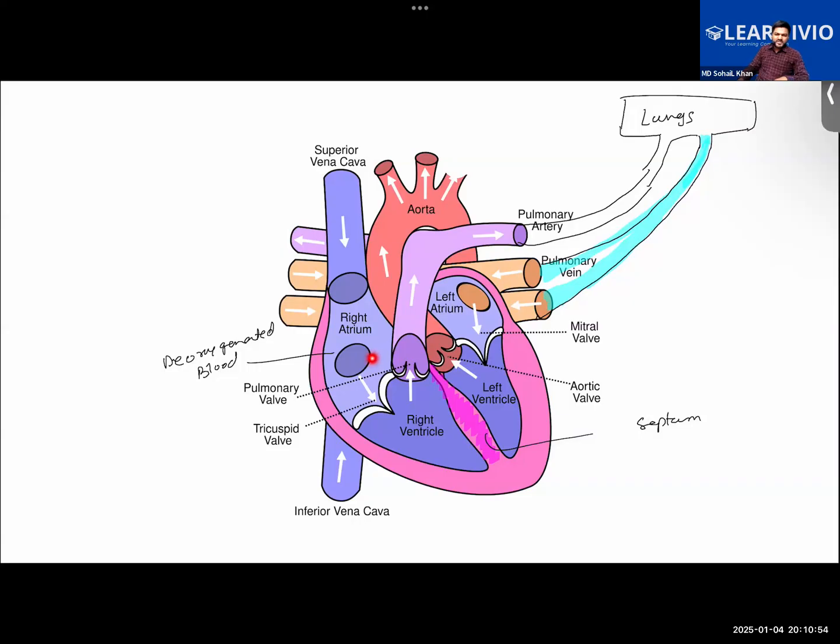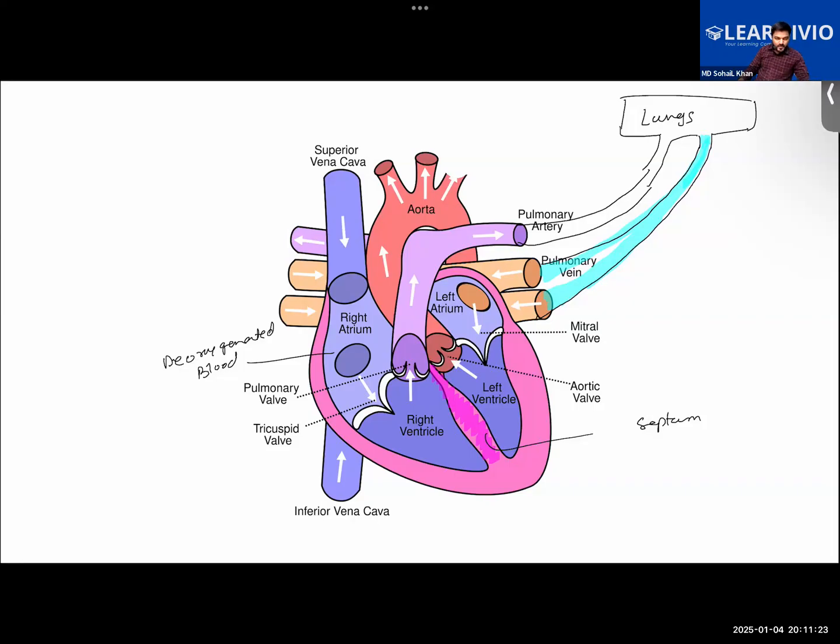Basically deoxygenated blood comes to the right atrium. Getting it? And from the right atrium, the deoxygenated blood goes on. First of all, tell me, what do you understand when I say deoxygenated blood?